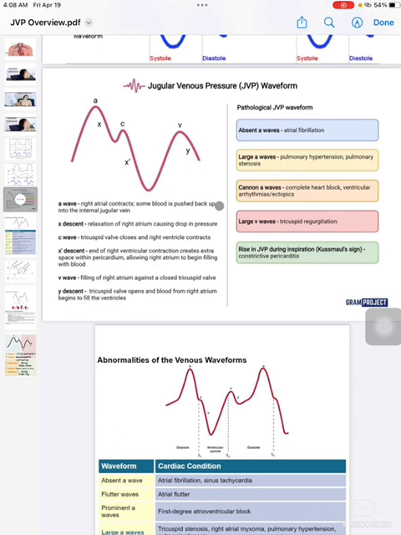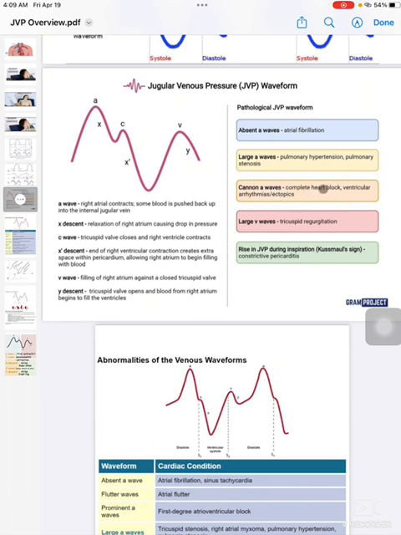I have just discussed the diagrams such as pathological jugular venous pressure waveforms. Absent A waves occur in case of atrial fibrillation, and large A waves are formed in case of pulmonary hypertension and pulmonary stenosis.